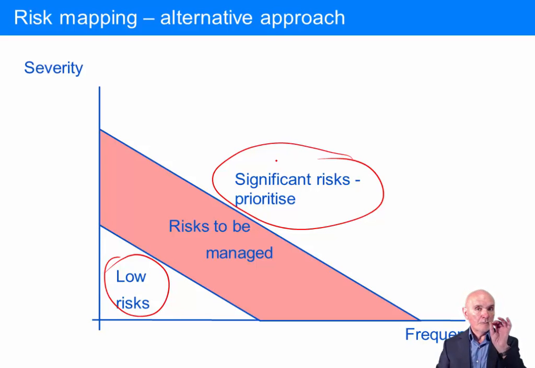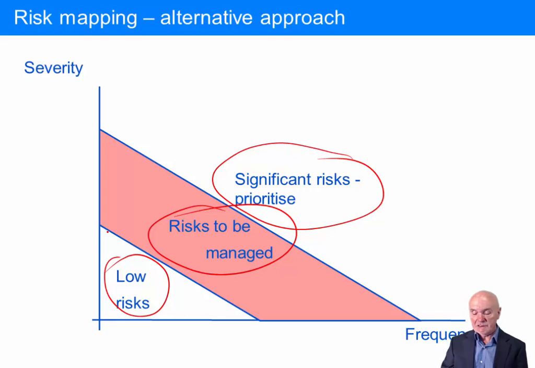They really must come front of the queue when we're thinking what to do about them, because these could be fatal to the organisation. And then in the middle, we've got risks to be managed, and by and large, we try to do something to reduce or ameliorate those, so they're either not as likely, or if they do happen, perhaps not quite as severe.